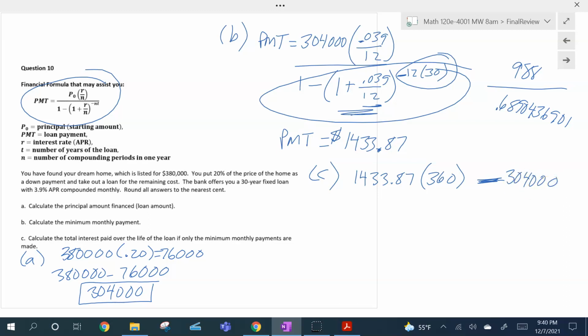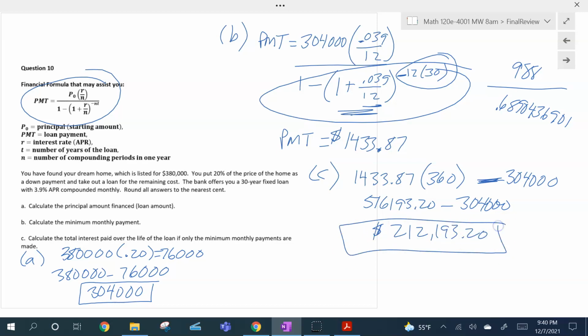The loan was $304,000. So if I multiply those two, it's 516,193.20 minus 304,000, and I got 212,193.20, and that's my total interest that I've paid on this.